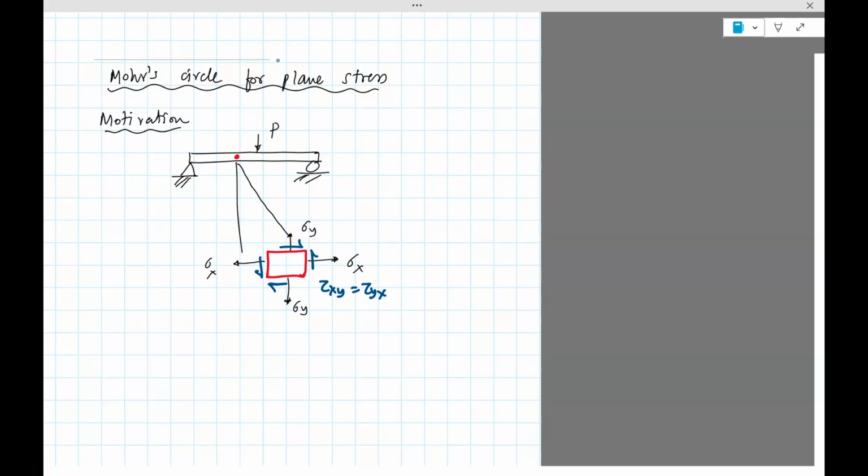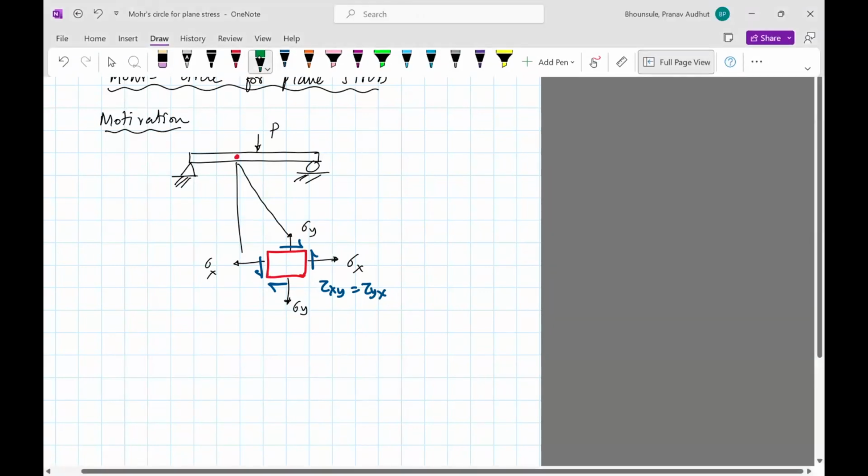Now, when we do the shear force bending moment diagram, we'll only get those stresses in that particular rectangular plane stress element in that direction. But it may happen that there's another plane at which the normal stress is the highest.